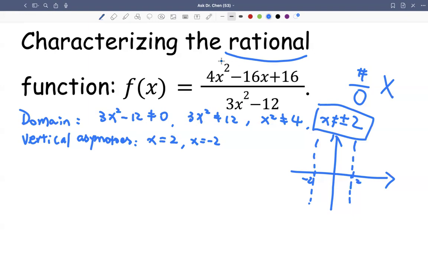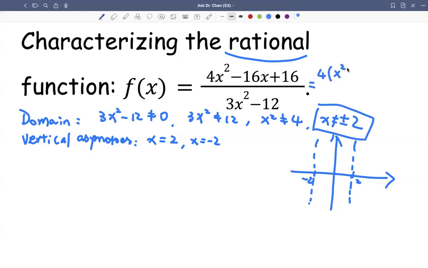But sometimes if the numerator and denominator have common factors, we can factor them out, then we can simplify the function. So let's see if this function can be simplified. In the numerator, we see 4 is a common factor. So let's factor out 4.